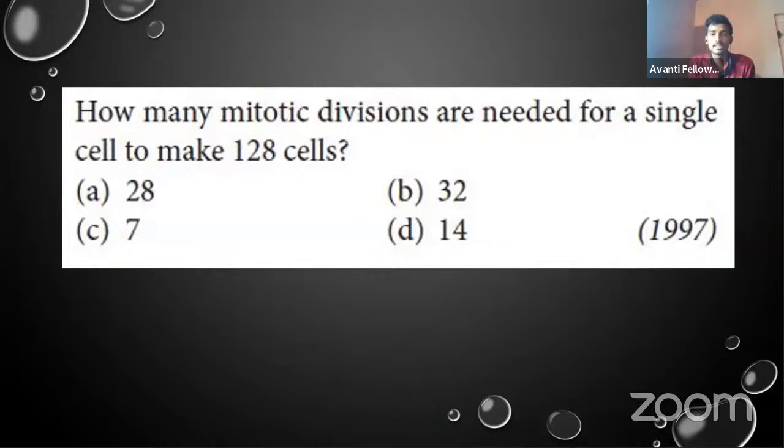I think it's one of the easiest questions. Simple math. How many mitotic divisions are needed for a single cell to make 128 cells? 30 seconds is over, still you have 25 seconds.